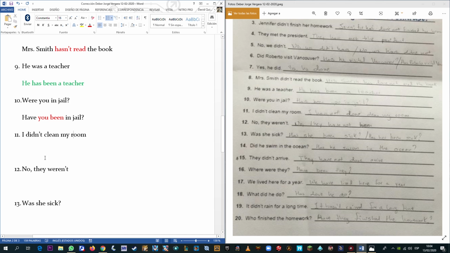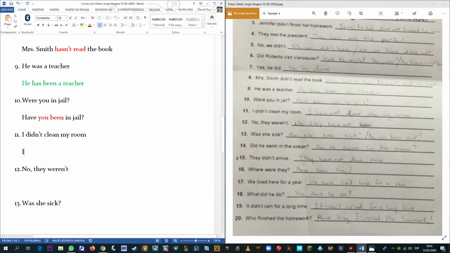Okay? Now the 11. It says I didn't clean my room, and our student has written the following: I haven't or I have not done clean my room. Again, the mistake is this word done, because it is not necessary to use that. We just need the verb in past participle form.